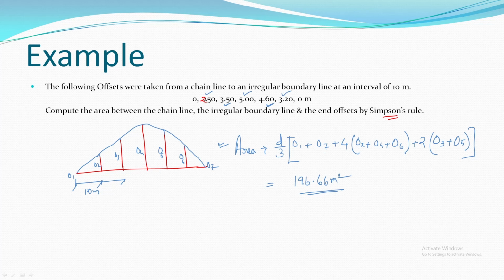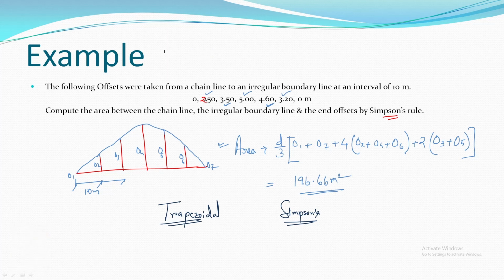So, what are the basic differences between the trapezoidal rule and Simpson's 1/3 rule? Look, first of all, as we already know, for Simpson's 1/3 rule we need an odd number of ordinates.